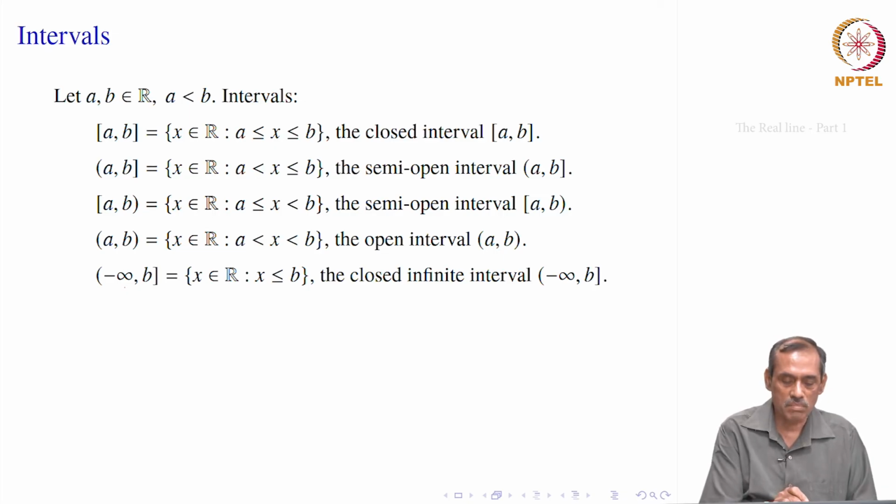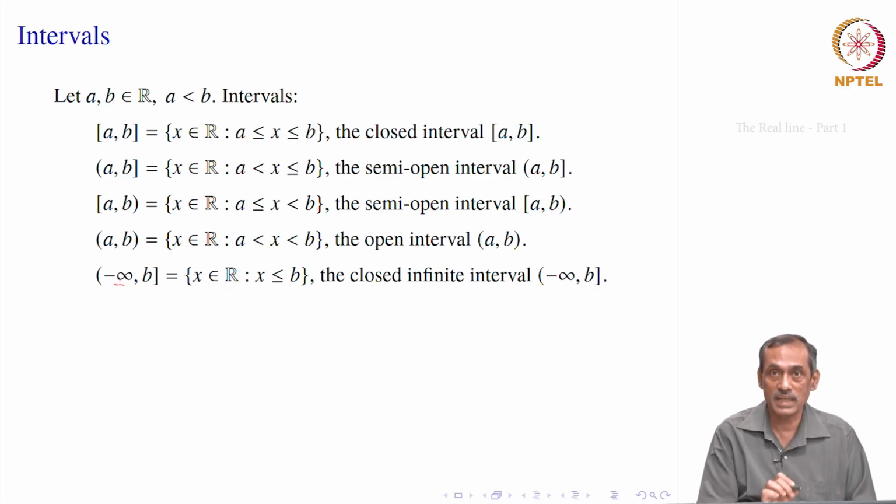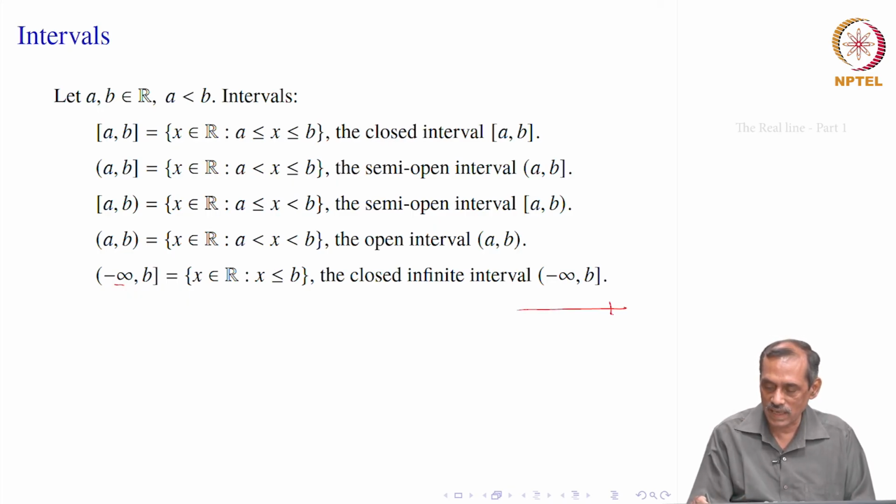Now, we introduce the infinity symbol. This is not a real number, it is just a notation writing some set in this form, open minus infinity, b closed. It has to be open because minus infinity is not in R. So, this symbol is also called an interval. It means it is the set of all numbers which are less than or equal to b here, nothing out to the right, everything here is included.